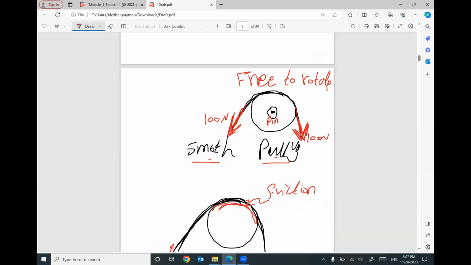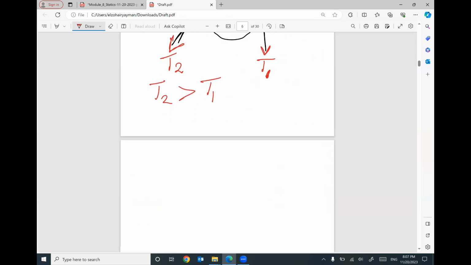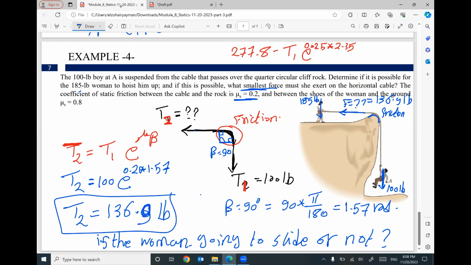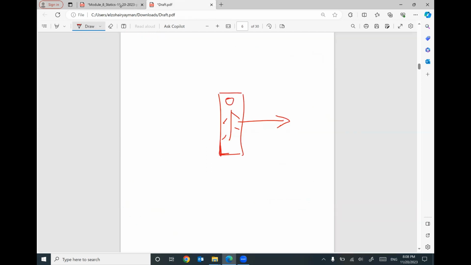This is a good question. So I have another part of the problem related to friction. We have a woman. Assume this box is the woman. And this woman applying a force, trying to pull to right equal how much? 136.9 pound.